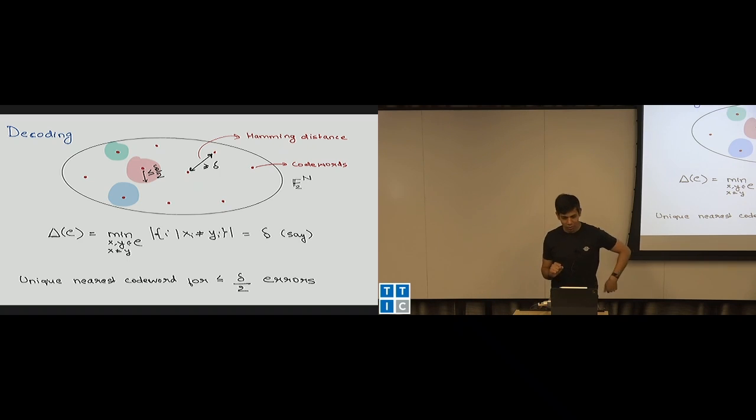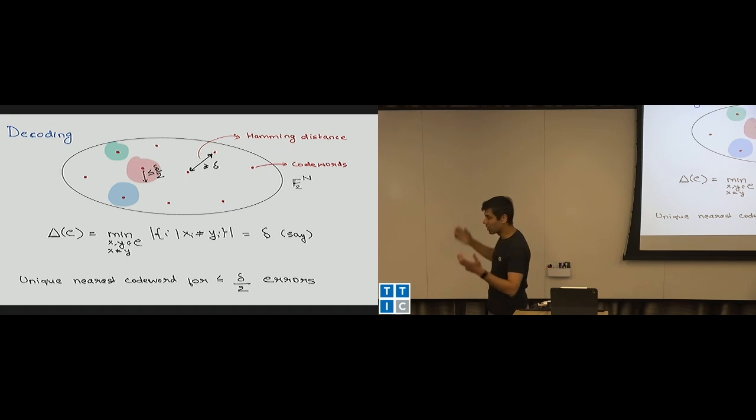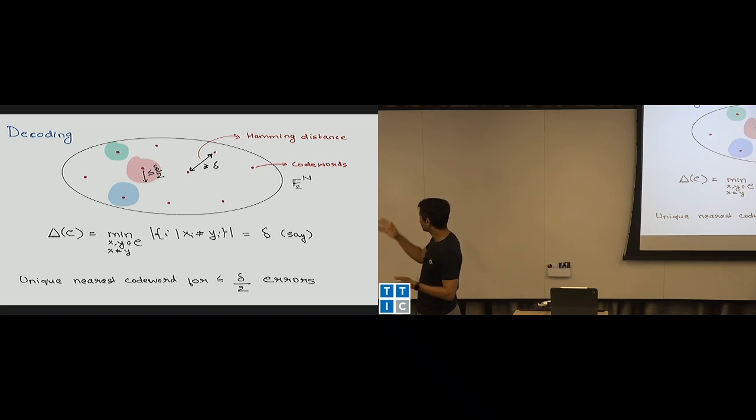As I said, we think of a code as a subspace, or in this picture, maybe even a subset of, let's say, vectors of length n over the field F2. The red dots are supposed to be elements of the code, and the empty space in between is just stuff which is not in the code.